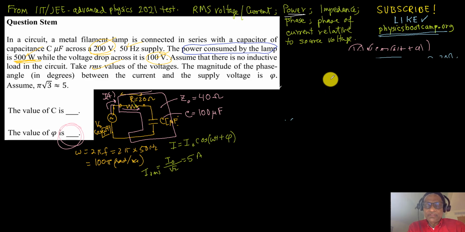So if you remember these things, like you have A and B and this R, then this VR and the current I through here, they have the same phase.